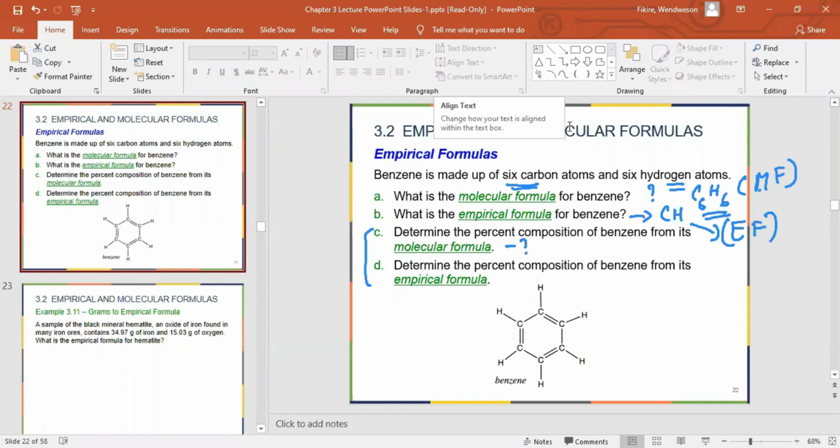We have to make the calculation. Remember that we're going to determine this from the molecular formula, and this one from the empirical formula. I don't have the answer, but my intuition says it might be the same. But let's first try.